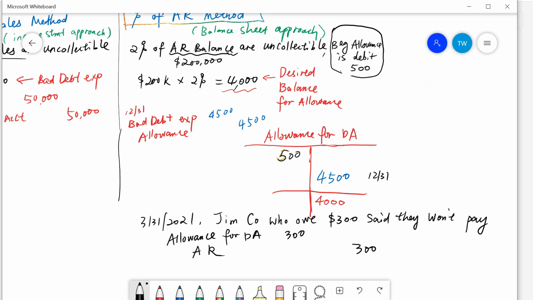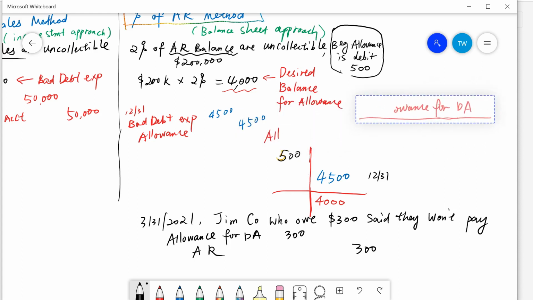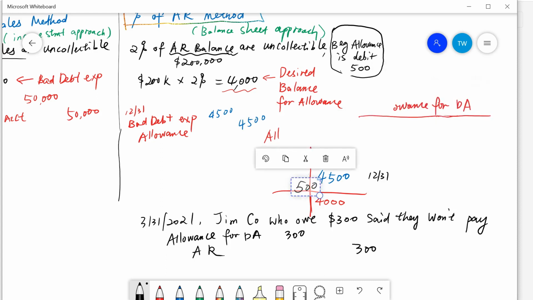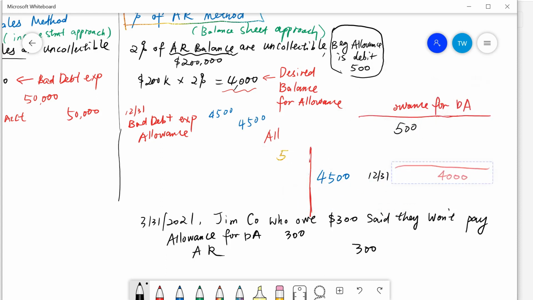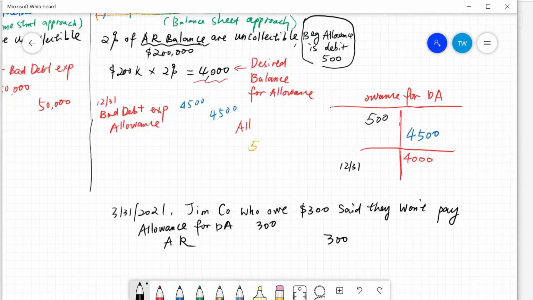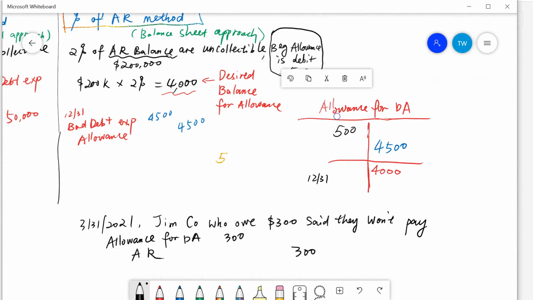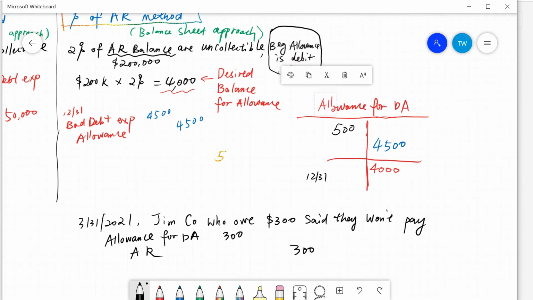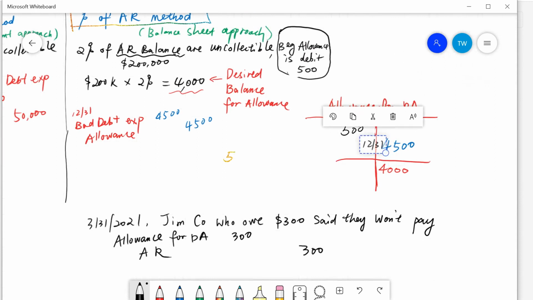Yeah, so if we take this, sorry, bear with me. Okay, so this was the allowance account, and so now we had a 4,000 balance, and now when Jimco defaults on us, we will use the allowance.